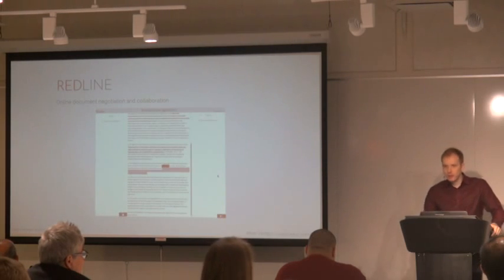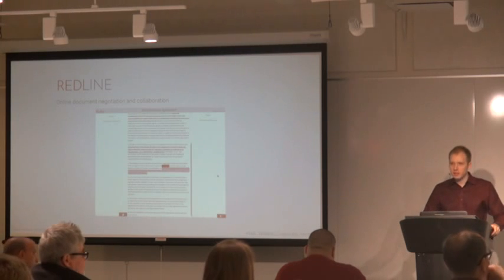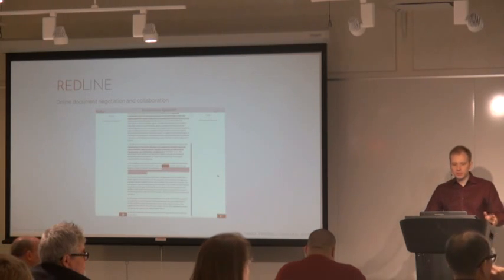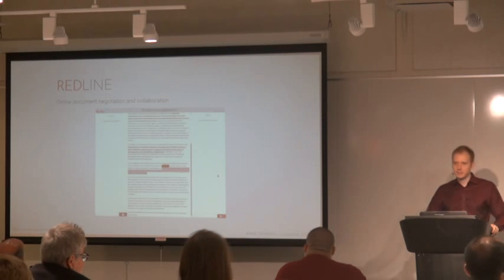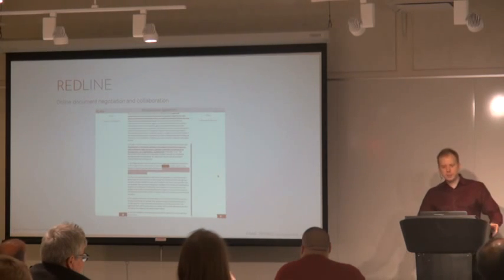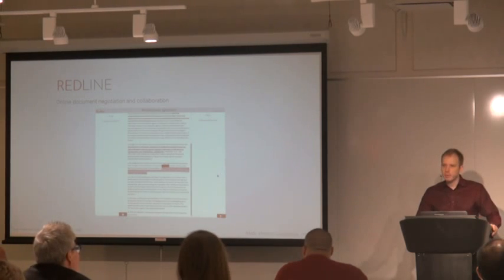Another app that Ali, my partner at Obsidian Systems, and I built is called Redline. And we built this in a 48-hour hackathon. And basically what this lets you do is legal document collaboration. So this is a fully real-time application for commenting on and suggesting changes to contracts.